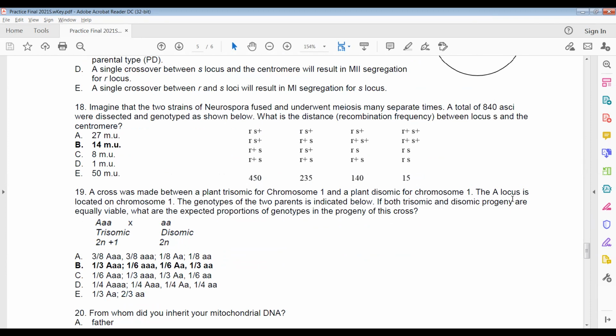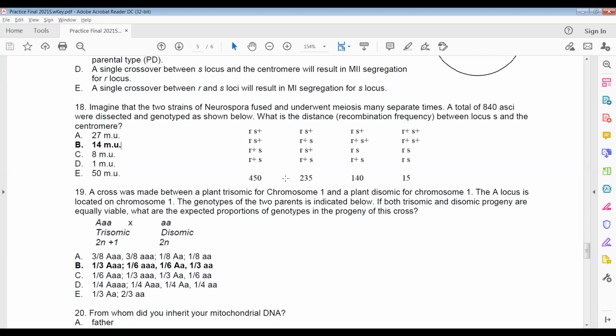I'm not getting how we're getting 14 here, because it's out of 840, correct? 840 is the total. So the equation in this occasion would be 140 over 2 divided by 840, correct? Could you say that again? What is the formula? In this case, it would be 0.5 times M2 over the total, correct?